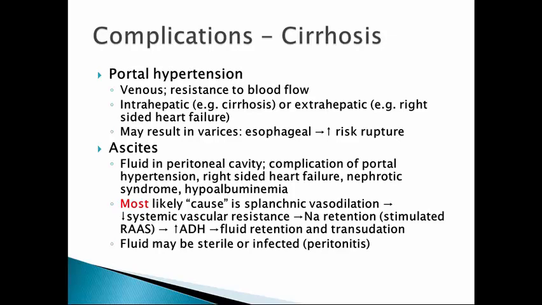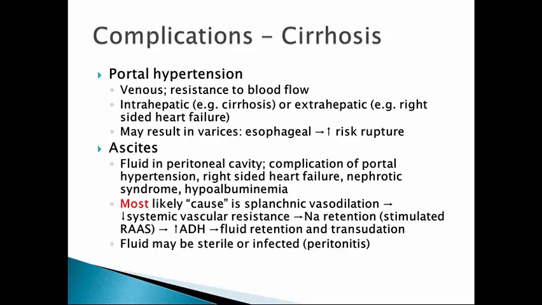There are 4 complications, and a little bit on the 5th, that we'll talk about. So we'll talk about portal hypertension, ascites, hepatic encephalopathy, jaundice, and then a little bit about the coagulopathy just as a reminder.